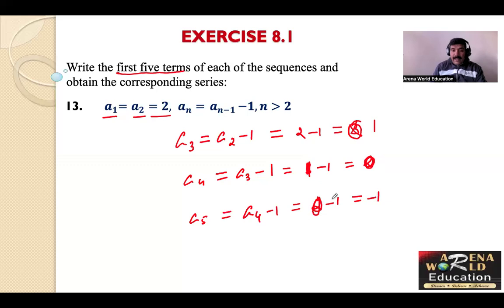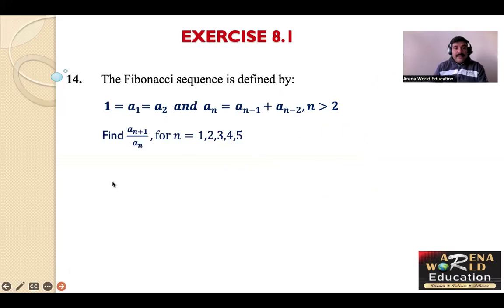So finally we have first term and second term 2, 2. So the corresponding series will be 2 plus 2 plus 1 plus 0 plus minus 1 plus and so on. Right? So in this way, you can solve question number 13.